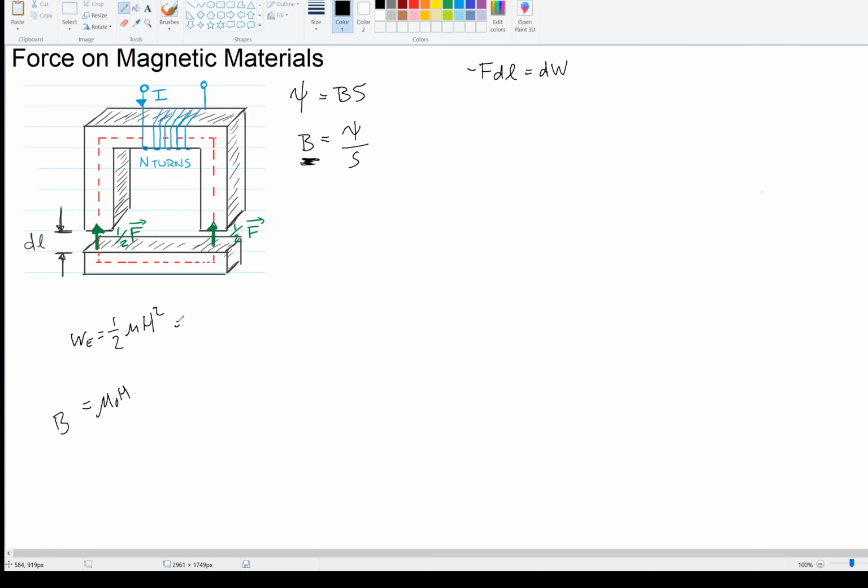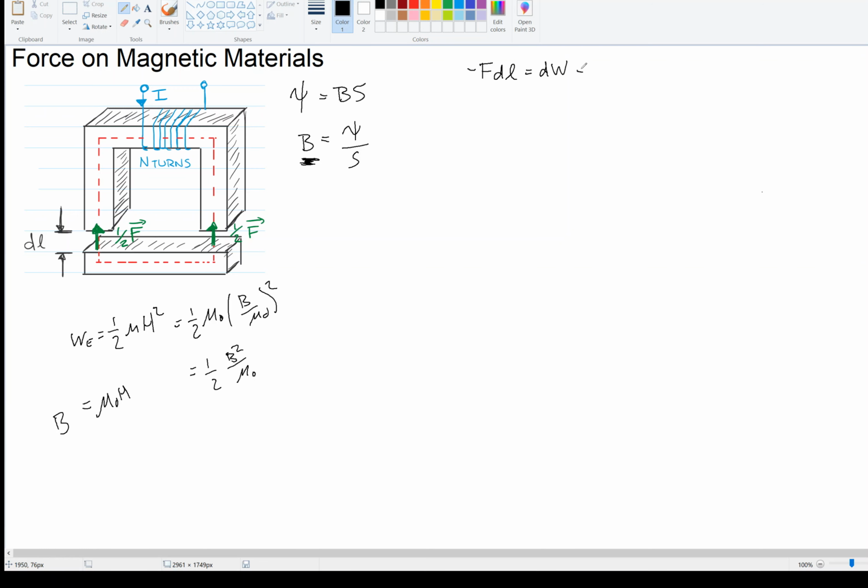So actually, I can put this in, and I can say that this is 1/2 mu0 times B over mu0 squared, and then we would see that this is 1/2 B squared over mu0. Okay, so I've related it to B now, and so this is the energy density. This is the energy per volume.